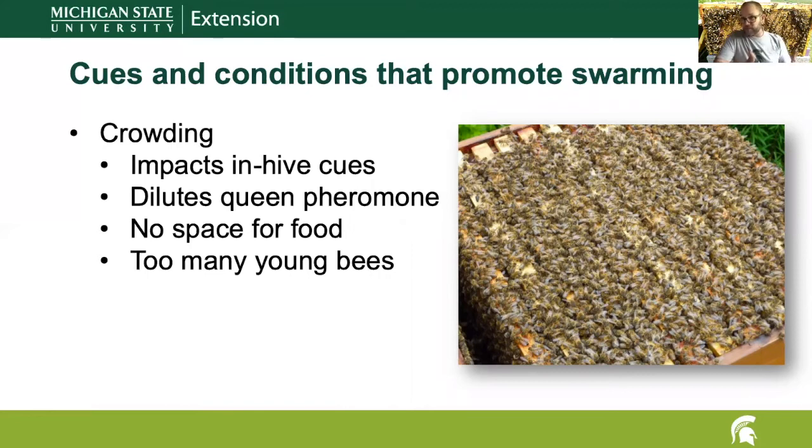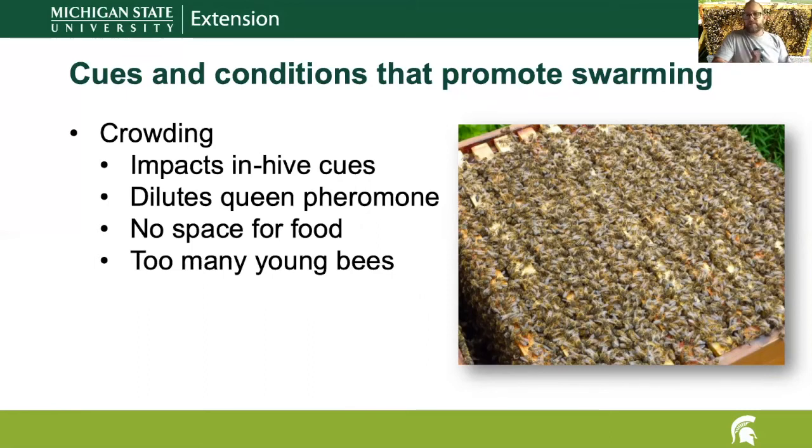In addition, the lack of space for the queen to lay eggs decreases egg production and queen pheromone at the same time. So we're also having a reduction in the actual egg laying that a queen can do. And oftentimes you'll get situations where you may not think you're queen-right when you have a colony getting ready to swarm because you're not able to find eggs. That egg production can eventually shut down when there's just no more space to lay eggs.